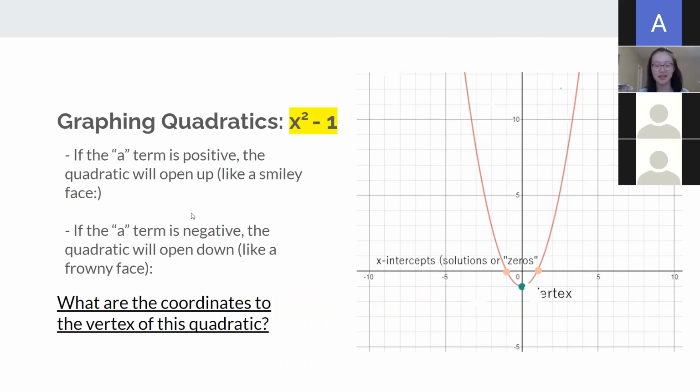If not, I can show you guys on Desmos. Okay, so what are the coordinates to the vertex of this quadratic? I hope you guys can see the graph. So the vertex is the maximum point a quadratic can go, or the minimum point a quadratic can go.